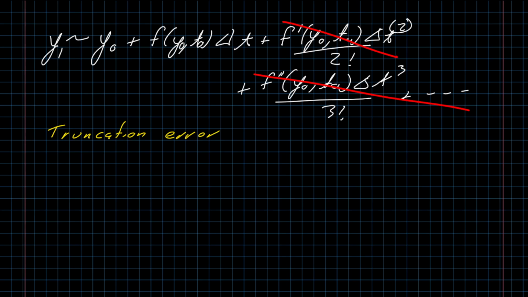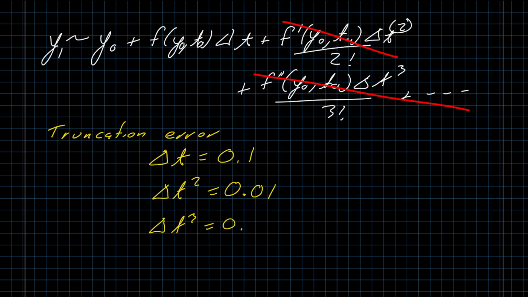And generally speaking, a truncation error is going to be very small, right? In our case, we chose delta t equals 0.1. Well, if that's the case, then delta t squared would be 0.01, and delta t cubed would be 0.001, and so on.